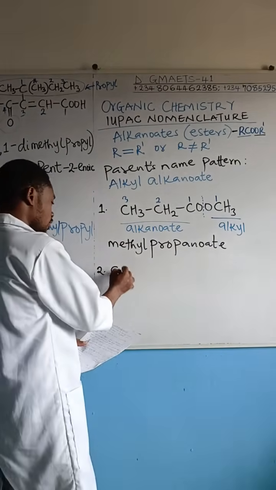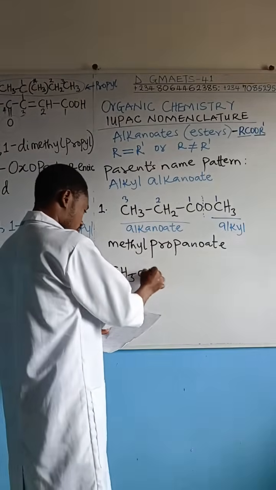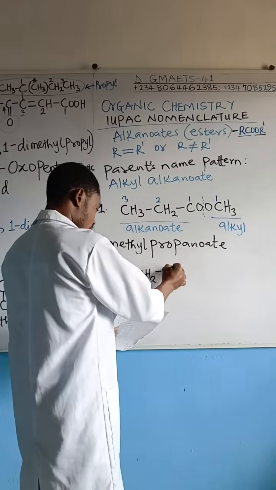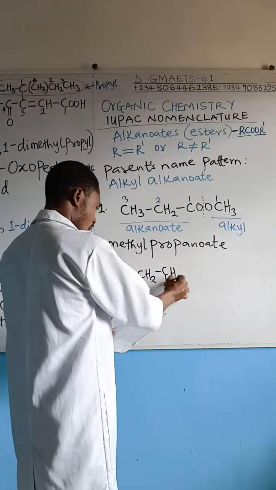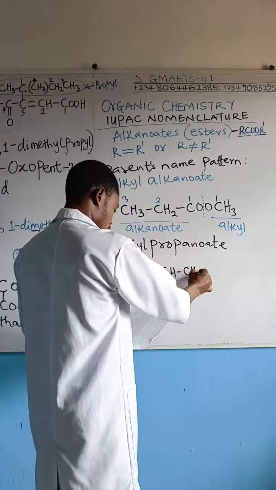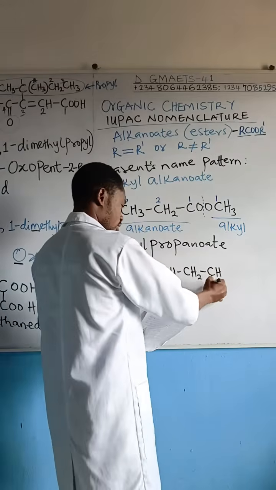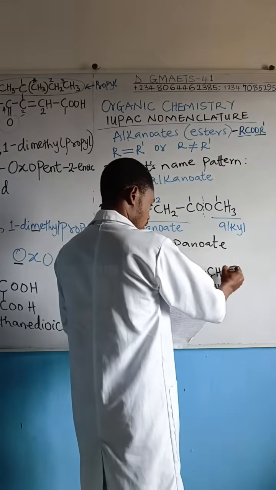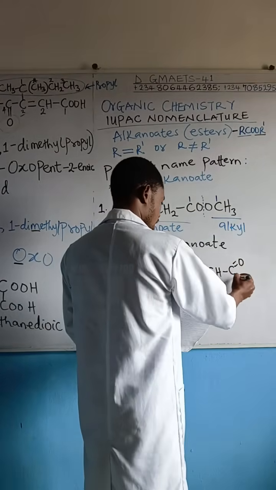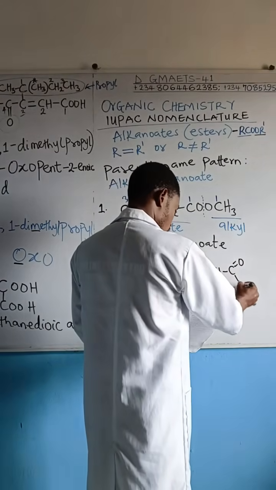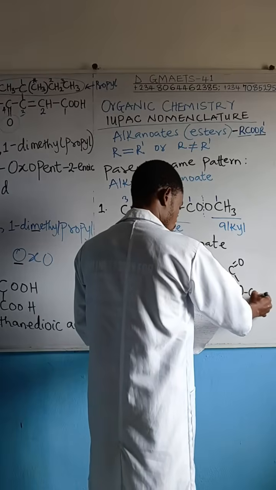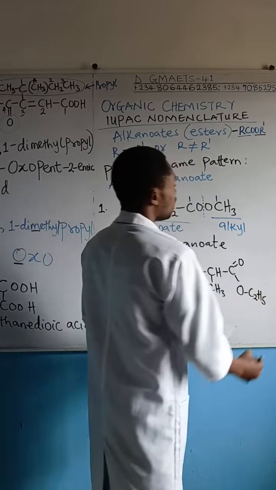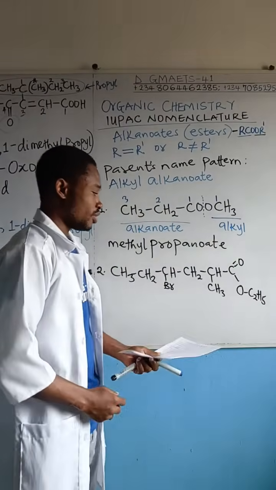We move on to structure number 2. I've got this for you: CH3, CH2, CHBr, then CH2, CH, CH3, something like this. Then O, and then C2H5. I hope this has not cut off from the board.